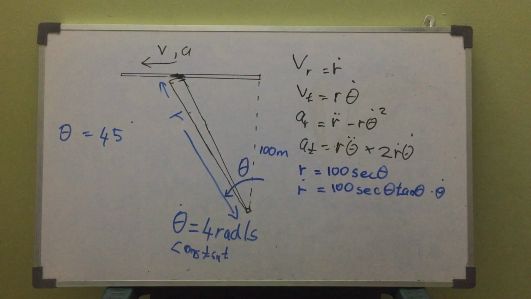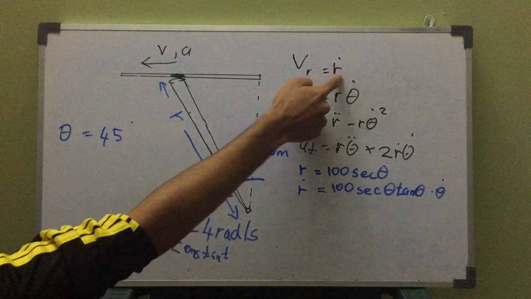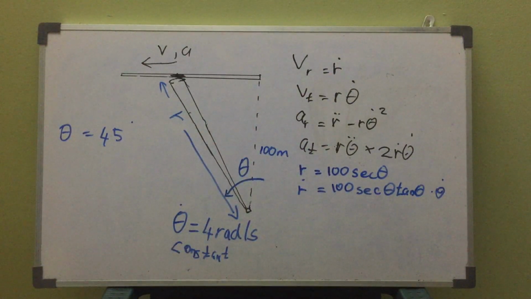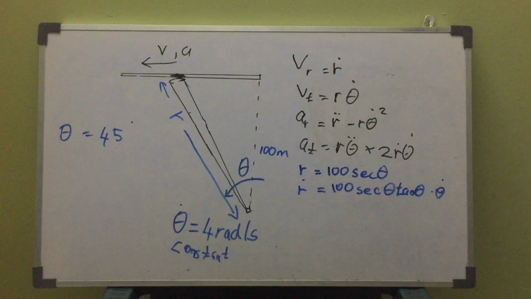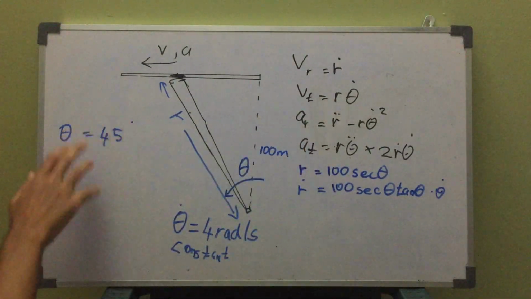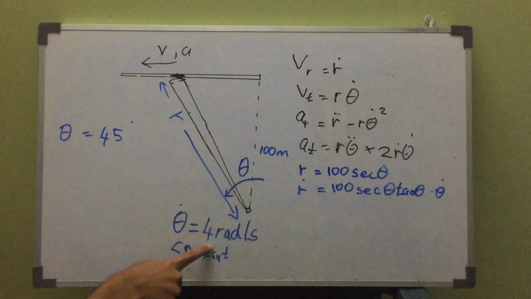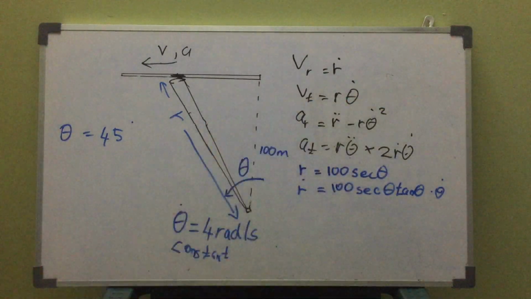So we have found the value of r dot. So we can directly substitute theta by 45 and get the value of r dot. As well as we need to find r into theta dot. However, it's not a big deal, because we know the value of r at theta 45, and theta dot we already know, that's 4 radian per second. So we have found this v_t also.